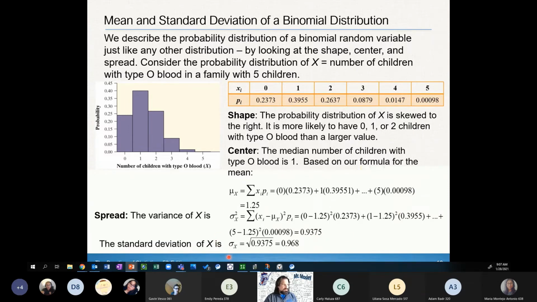So these are calculations that we've seen previously. It's the same way that we would calculate mean and standard deviation for any other random variable. Luckily, this is a binomial random variable. We have a shortcut for calculating mean and standard deviation that doesn't take nearly as much work and saves lots of time.